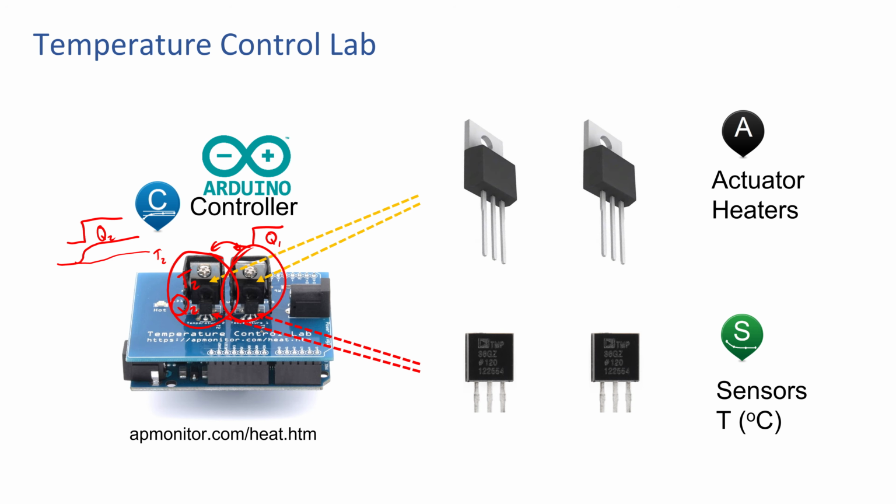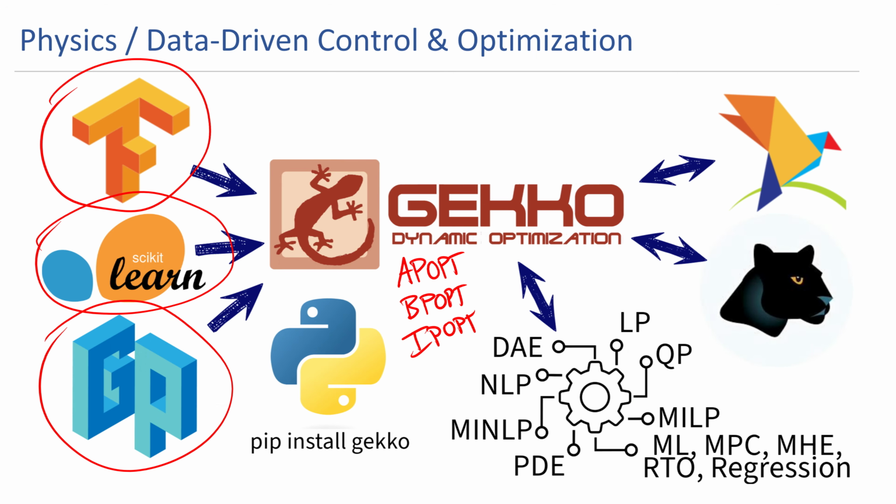You can mix and match all of these into this single environment, solve it with the APOPT or BPOPT or IPOPT solvers, or you can also interface to AMPL or Pyomo and be able to access things like CPLEX, Gurobi. Depending on the type of application that you're trying to solve, you could use a specialized solver for that application.